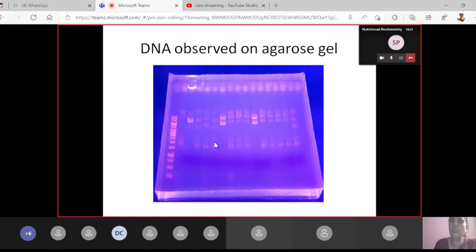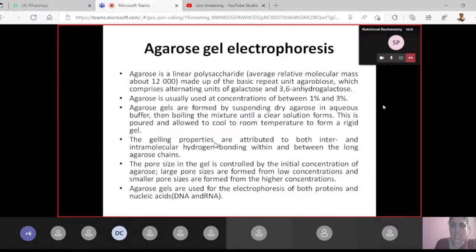Smaller molecules will move faster and larger molecules will move slower. I'll show you a video now. So you just observe how this agarose gel electrophoresis is carried out.